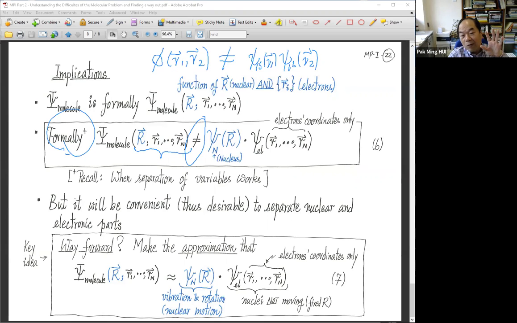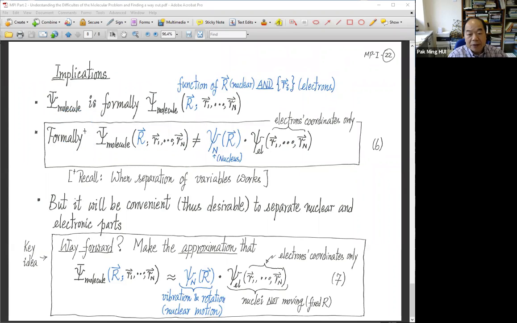In helium atom, when we do that, we are making an approximation. Okay, do you follow me? Okay, so this is not something entirely new, all right?